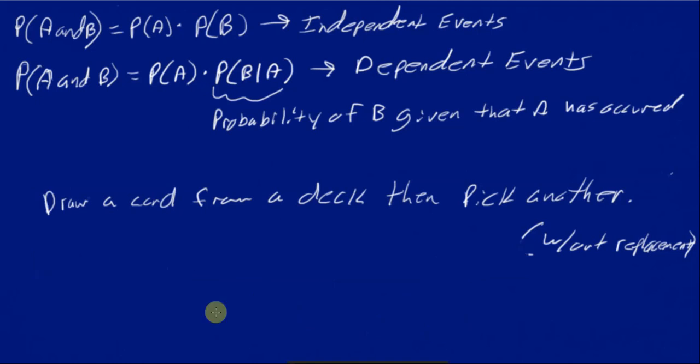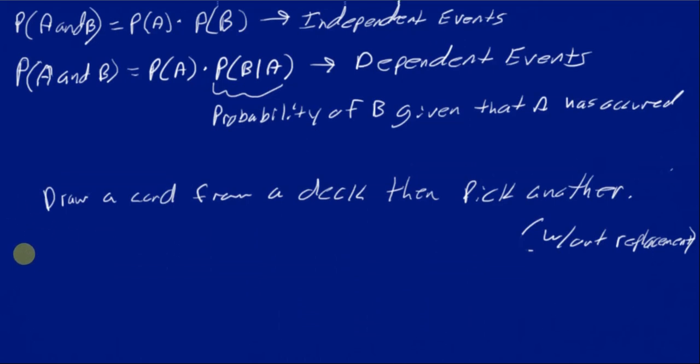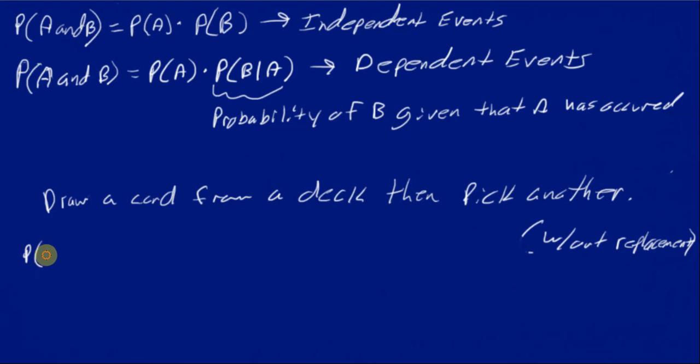Okay, do one final example here. We're still going to draw a card from a deck, then pick another, and again, we're going to assume without replacement. I would like the probability of the ace of spades and the probability of an ace.